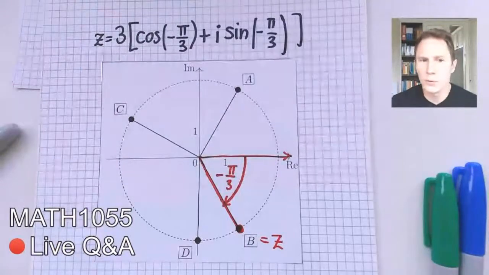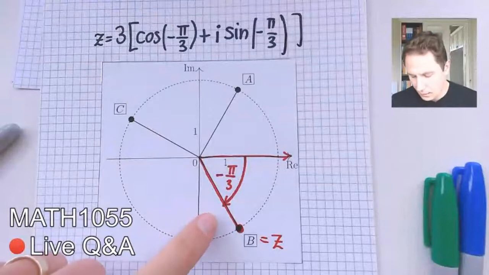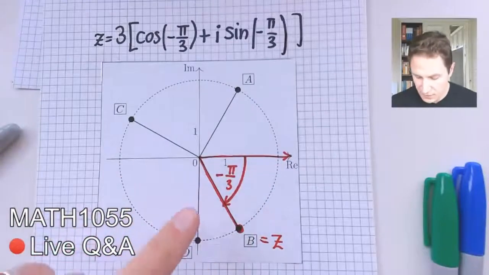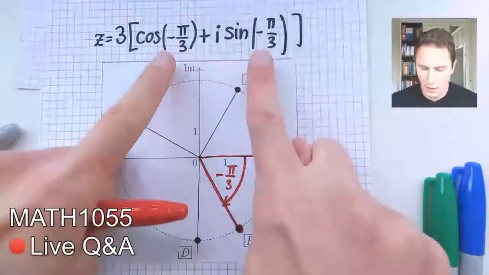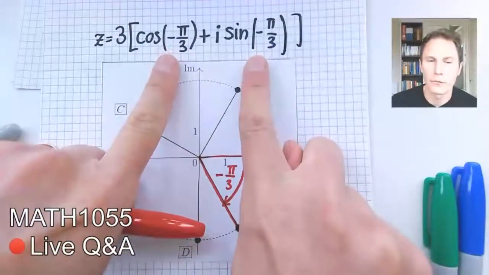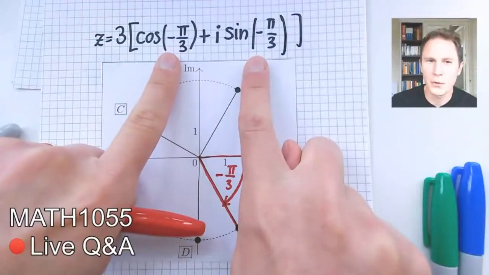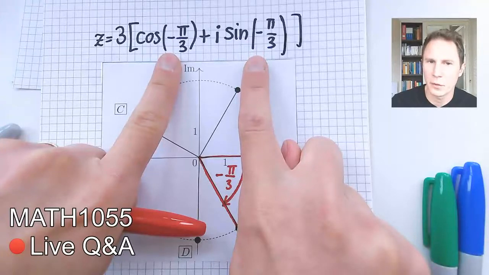You could also do it basically without using much of this diagram, without using this angle interpretation. You could have just calculated the exact values of the cosine of minus pi over 3 or the sine of minus pi over 3.